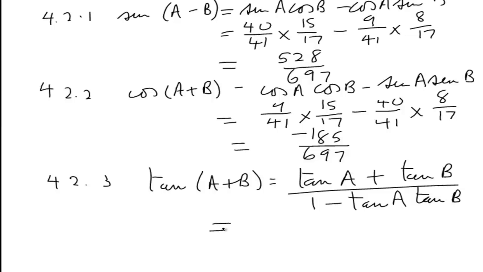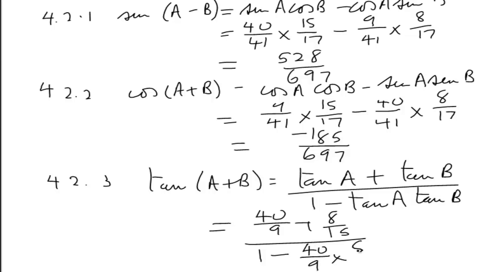And then you've got 40 over 9 plus 8 over 15 all over 1 minus, by substitution, 40 over 9, that's y over x, times 8 over 15, which is also y over x.